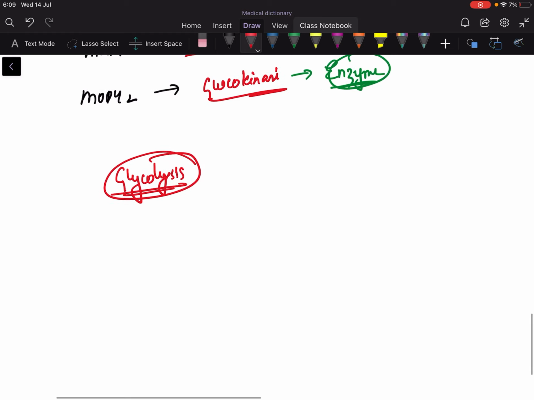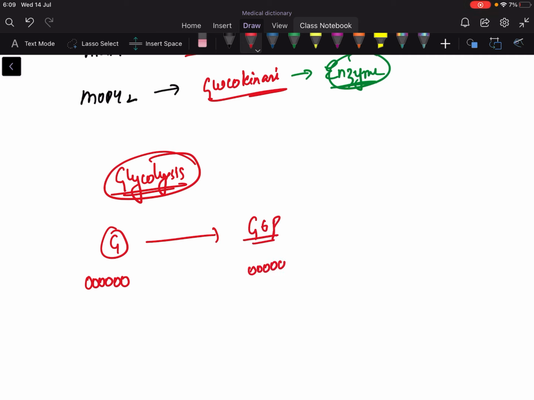In glycolysis, glucose, which is a 6 carbon compound, is converted into glucose 6 phosphate. Here are the 6 carbons. On the 6th carbon, a phosphate is added, hence the name glucose 6 phosphate, and this is mediated by an enzyme called glucokinase, which is involved in the glycolysis pathway.